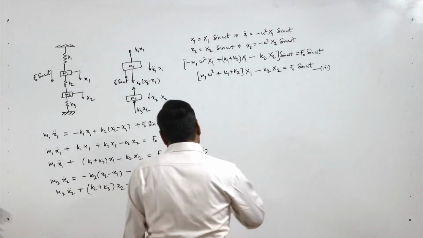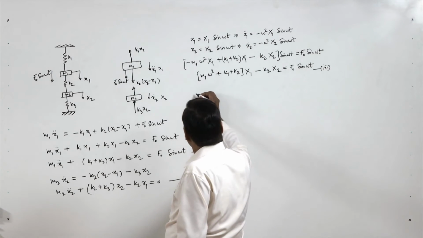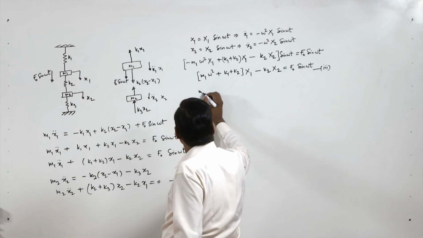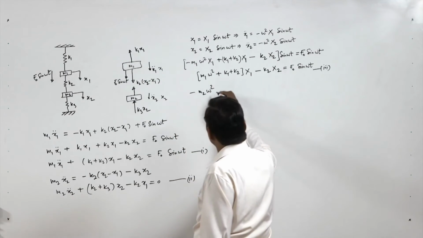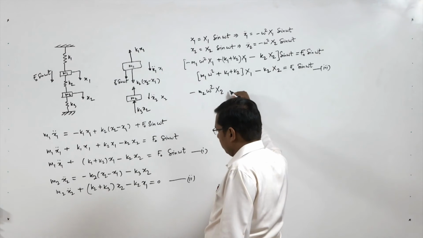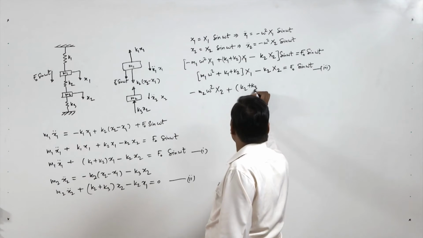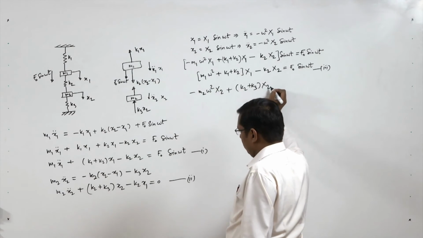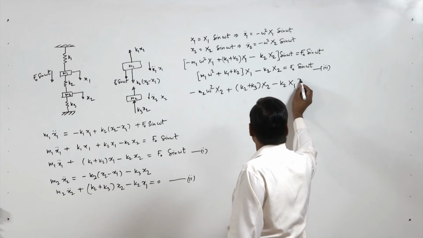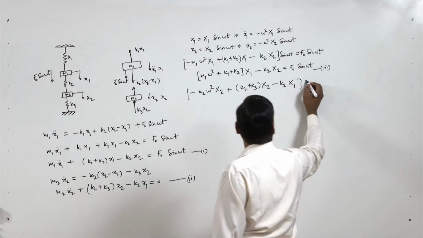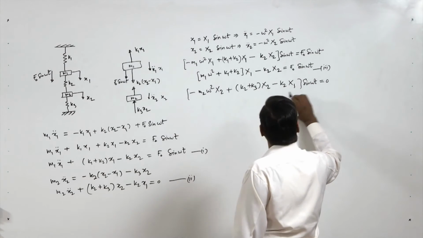Now, the second equation, if we put these solutions, so m2, so minus omega square m2 x2 plus k2 plus k3 x2 minus k2 x1 sine omega t equal to 0.